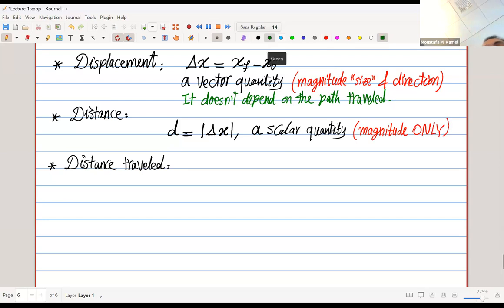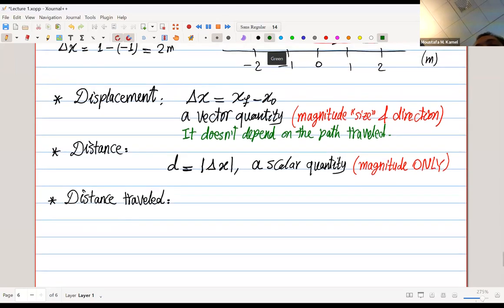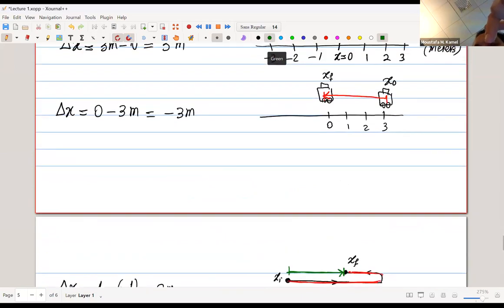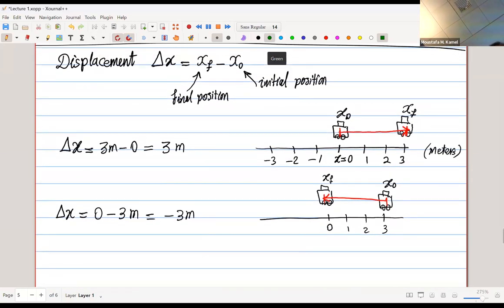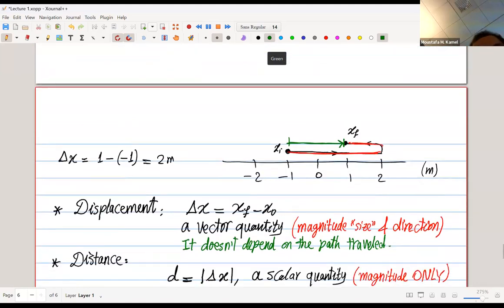Okay. It still doesn't depend on the path traveled because it's the magnitude of displacement, and displacement itself didn't depend on the path traveled. So in the above examples, the distance here was 3 meters, and here the distance as well is 3 meters. Even though the displacement is negative, distance is still the same because the amount of meters covered is the same.